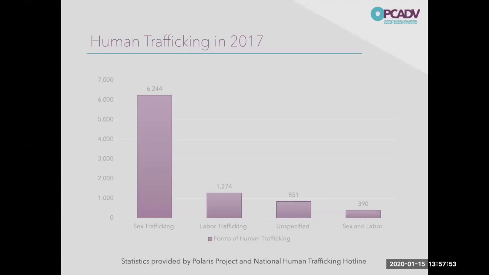And all of us doing DV work understand that disclosure only represents a small margin of who are actually experiencing these things. 1,274 labor trafficking cases were identified, 851 were unspecified, and then 390 were a combination of sex and labor trafficking.